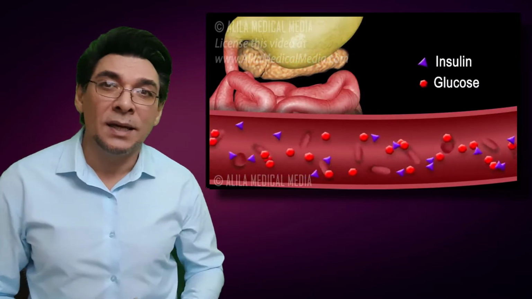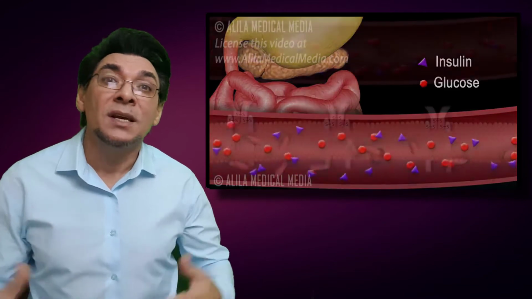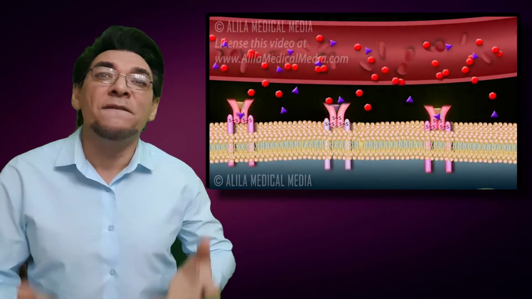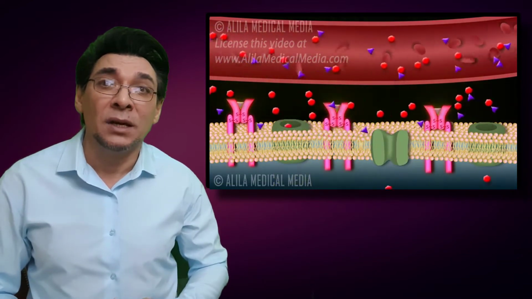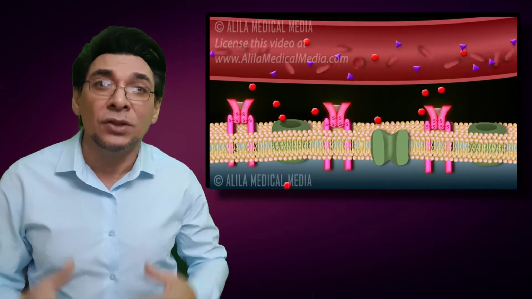In type 1 diabetes mellitus, tissues cannot take up glucose effectively, causing blood glucose levels to become very high, a condition called hyperglycemia.